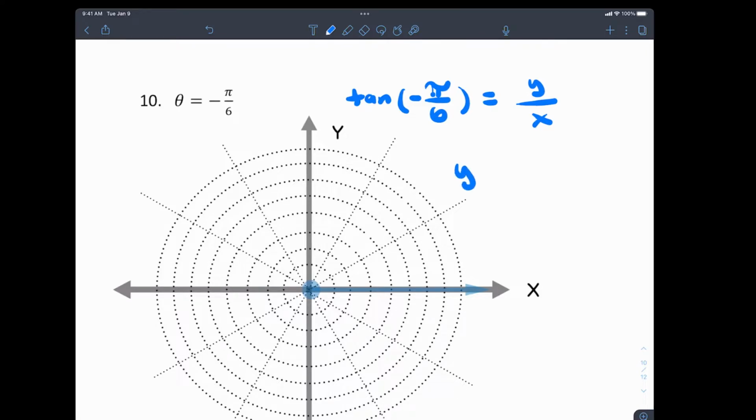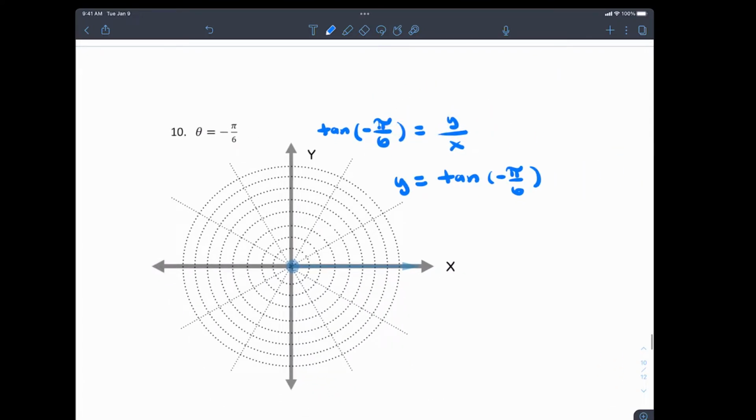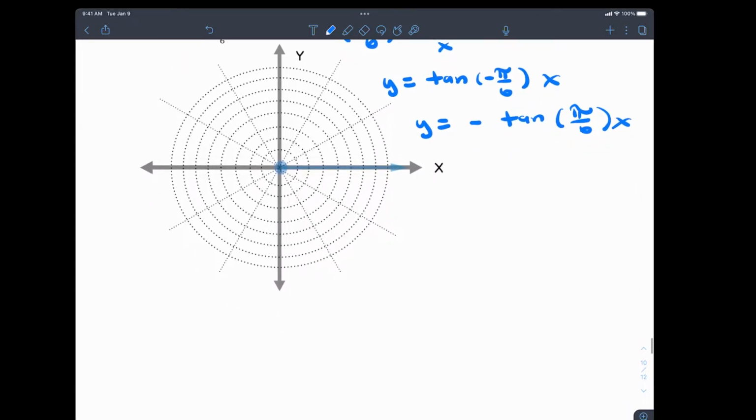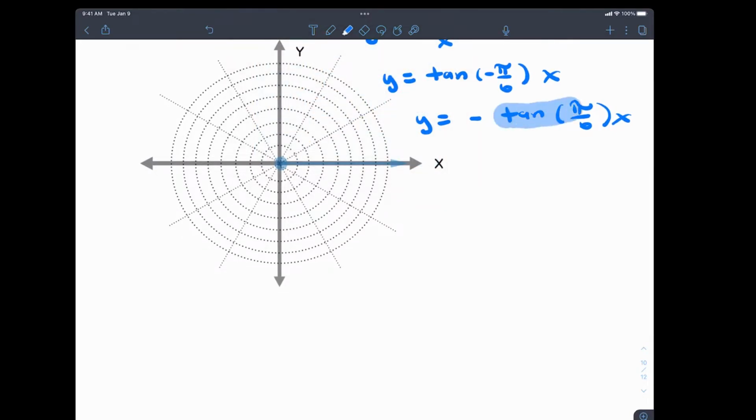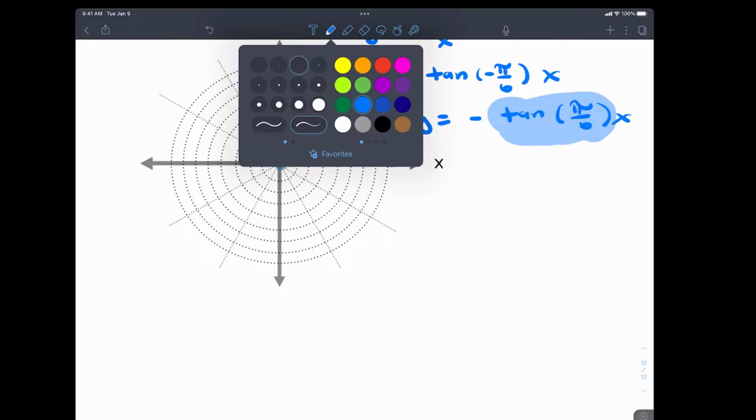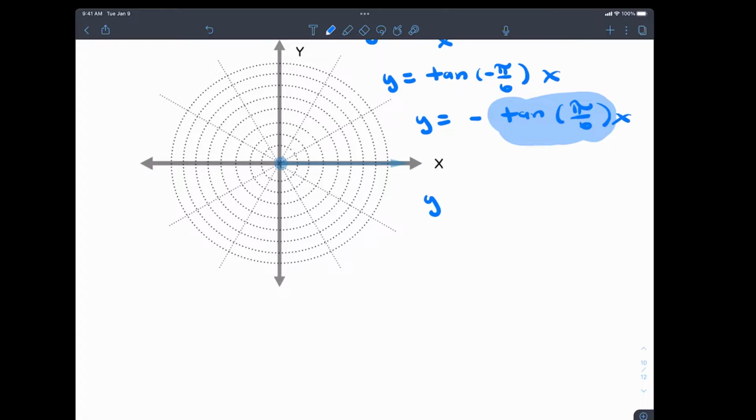So if you solve for y, do I need to know what tangent of negative pi over 6 actually is? Yes, and you multiply it with x. Take out that negative sign: negative tangent pi over 6 times x. What is tangent pi over 6, by the way? Anyone know? That's like saying tangent 30 degrees.